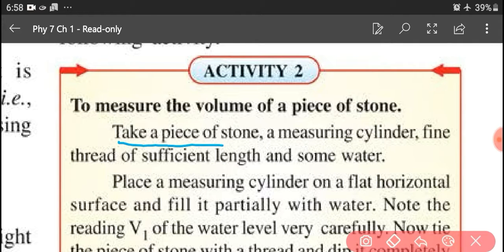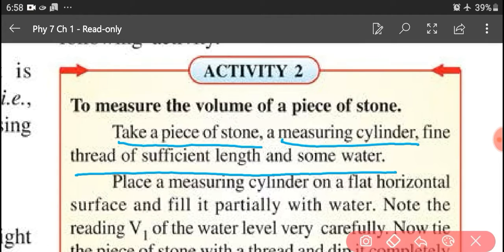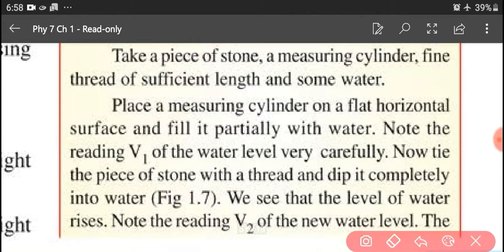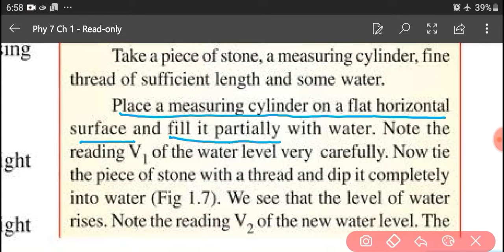Take a piece of stone, a measuring cylinder, fine thread of sufficient length and some water. Place the measuring cylinder on a flat horizontal surface and fill it partially with water. Note the reading V1 of the water level very carefully.